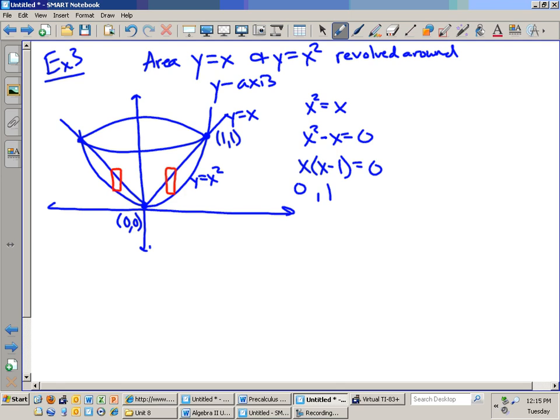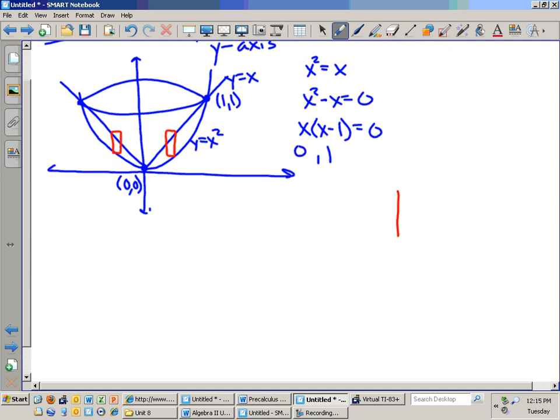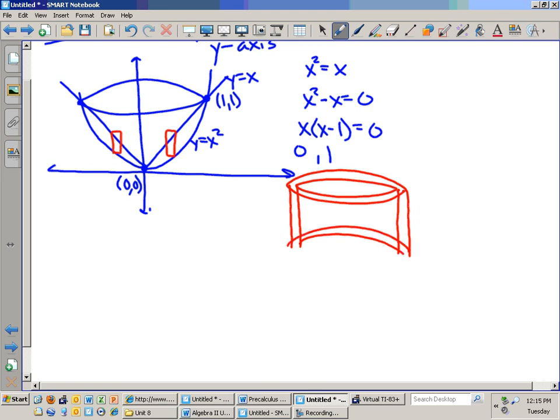And you can see when I spin it around, again, I'm going to get this shape. That's our shape.